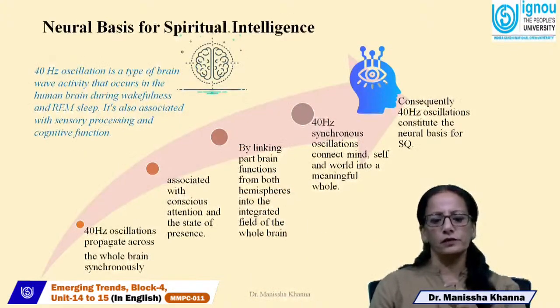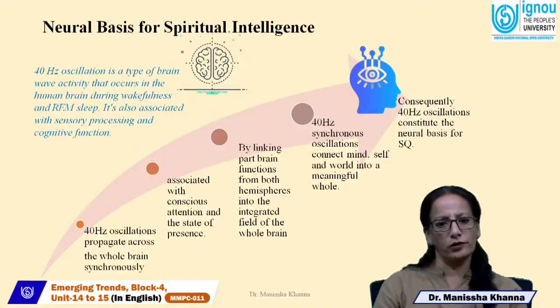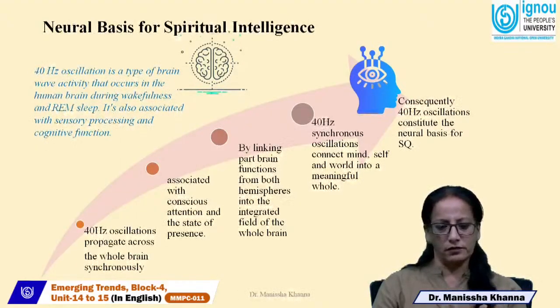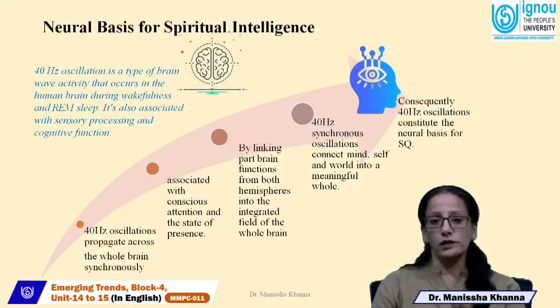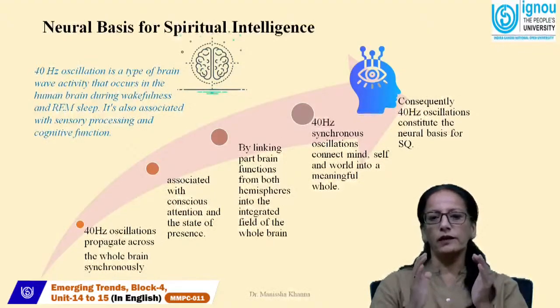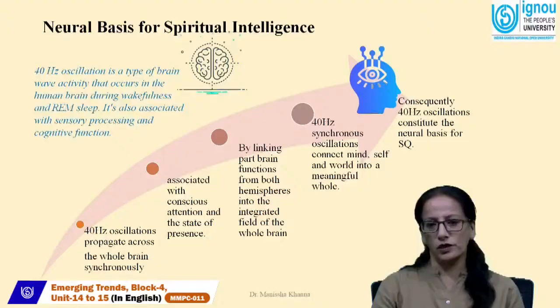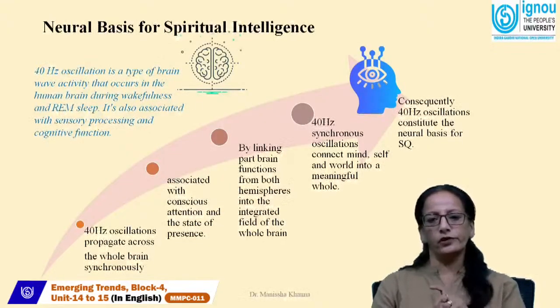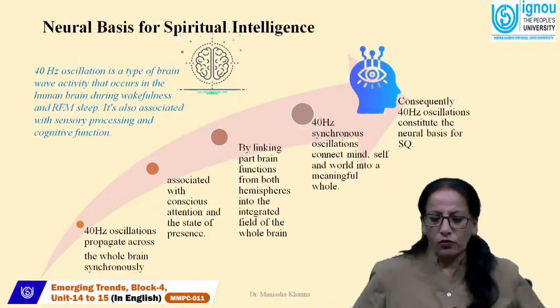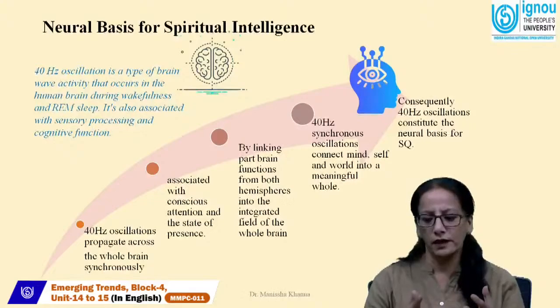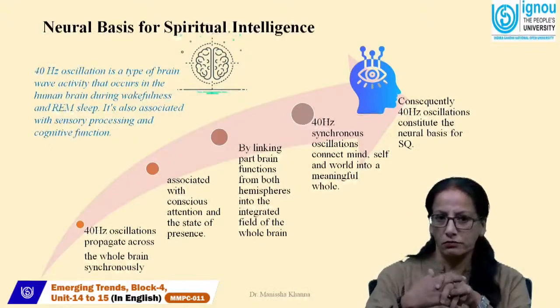So there is a neural basis of spiritual intelligence, where it is seen that 40 Hz oscillations propagate across the whole brain and synchronize it, which is associated with conscious attention and state of presence, by linking the brain functions from both hemispheres into an integrated whole brain. 40 hertz synchronized oscillations connect the mind, self and world in a meaningful whole, so these 40 hertz oscillations constitute the neural basis of spiritual intelligence.